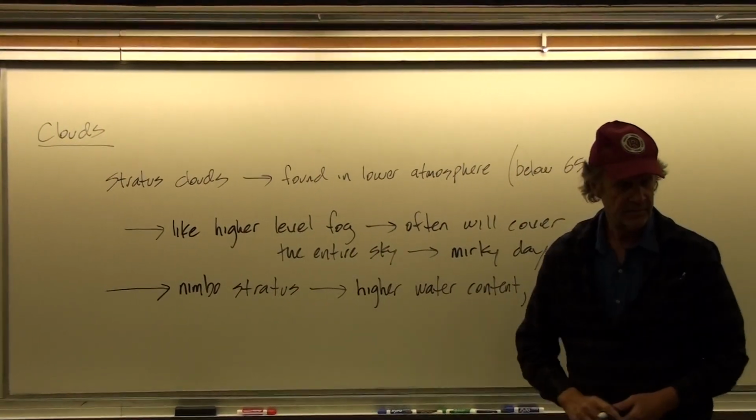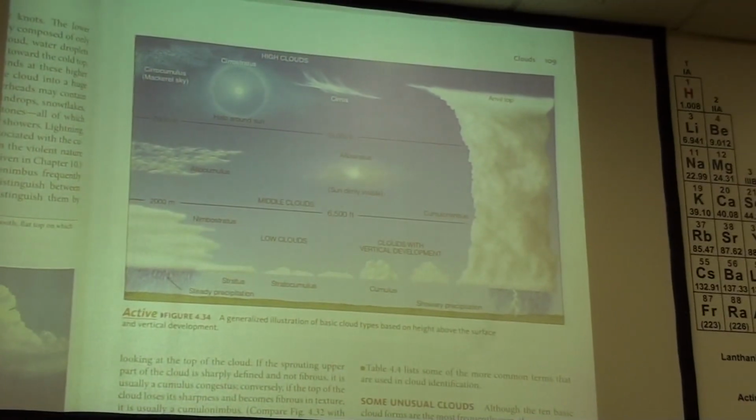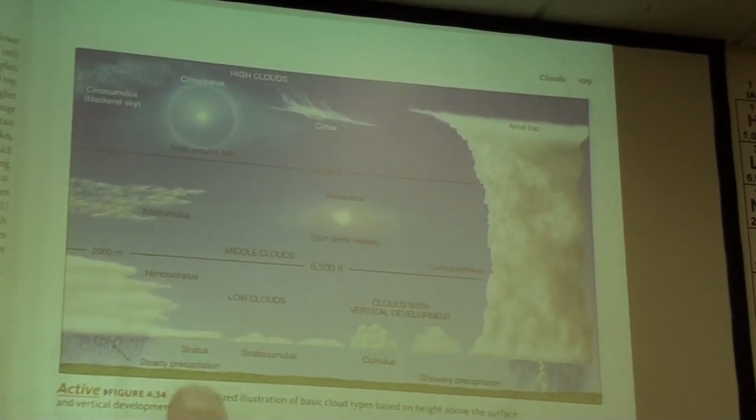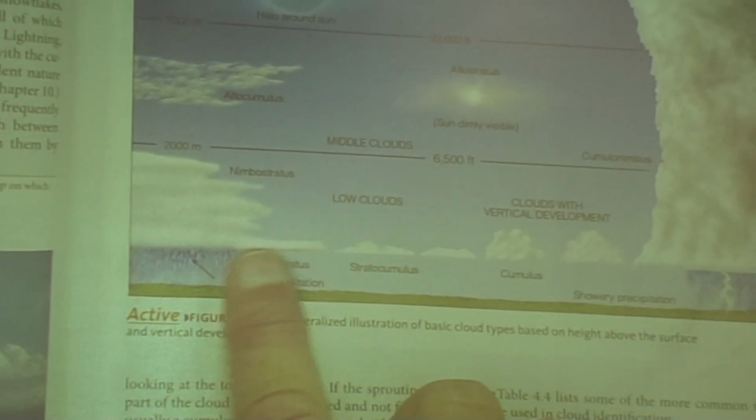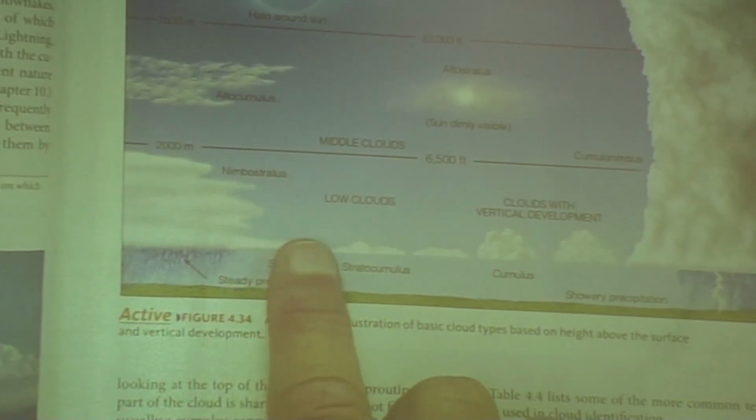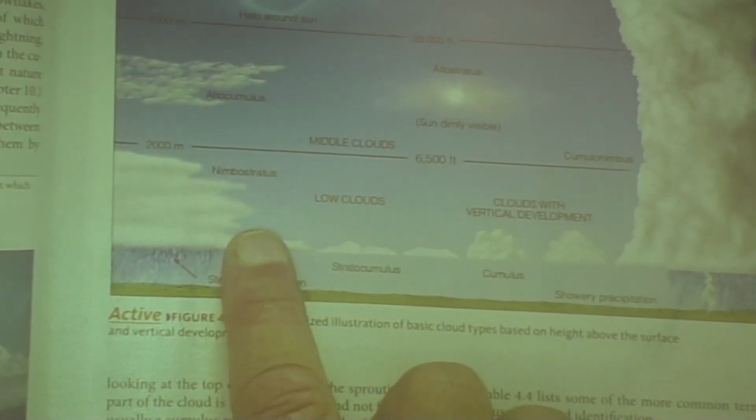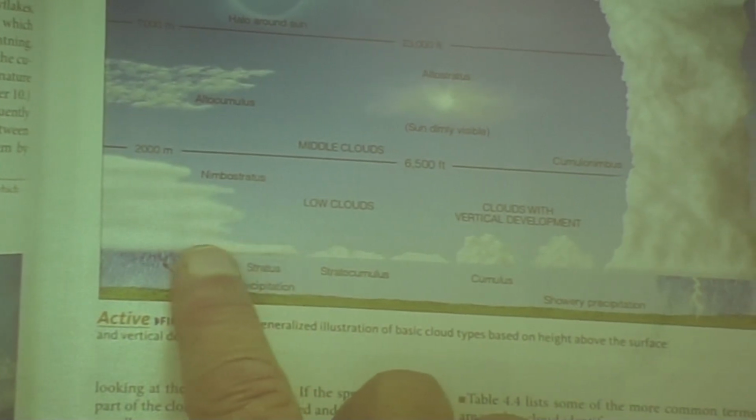And so we can see this then on the screen above. Here we have the stratus clouds, which are above the level of the ground, but don't have a huge vertical extent.